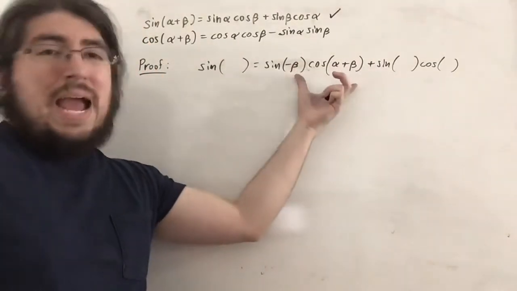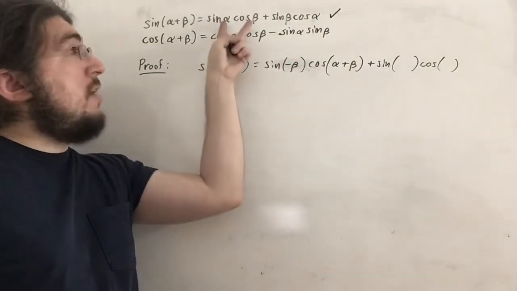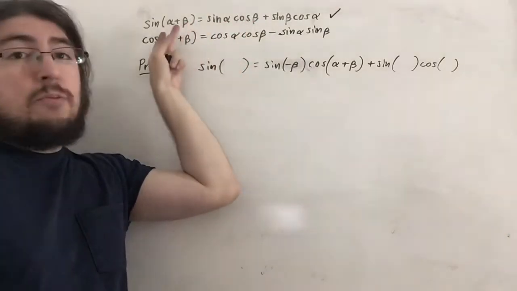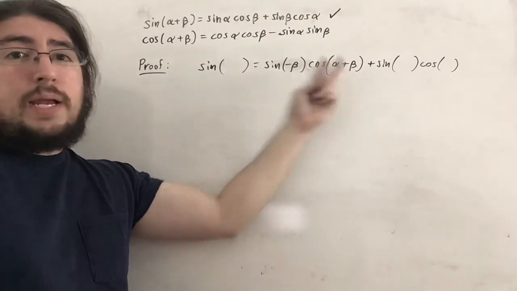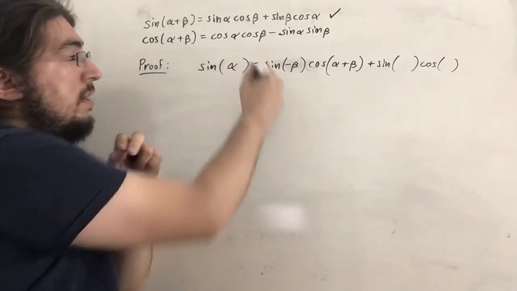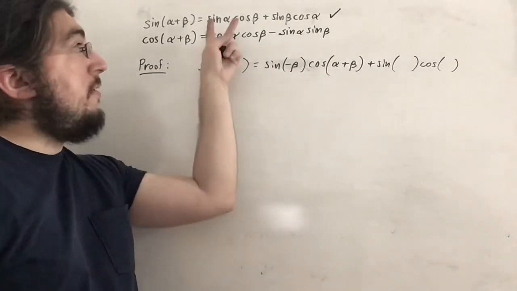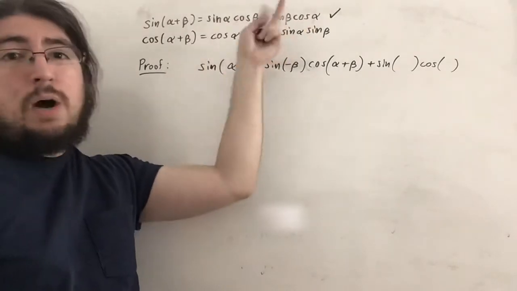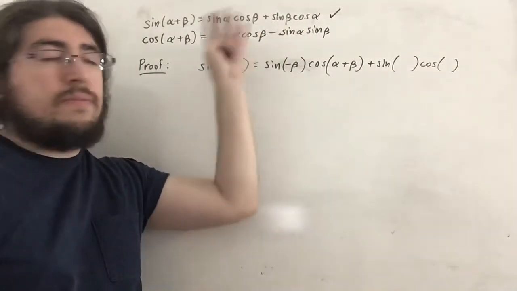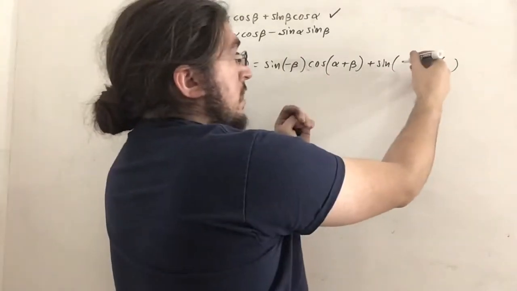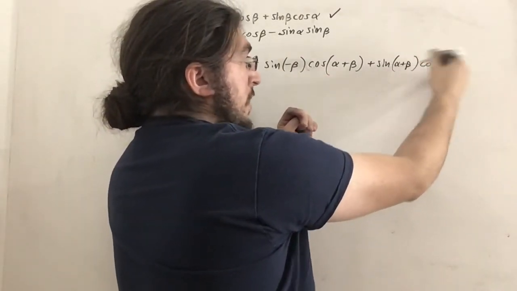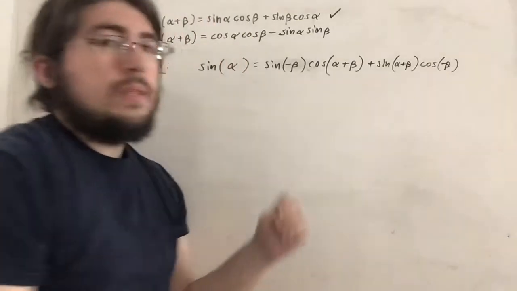So notice here, if you add alpha plus beta, you get alpha plus beta. So in this formula here, if you add negative beta to alpha plus beta, you just get alpha. Perfect. Also notice the pattern here, alpha and beta swapped in this part of the formula. So that means if we swap this alpha plus beta with this negative beta, we get alpha plus beta here and negative beta here. Perfect.